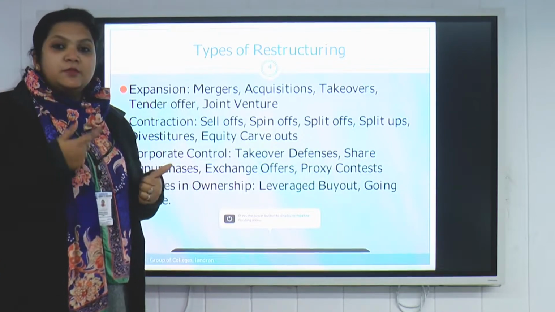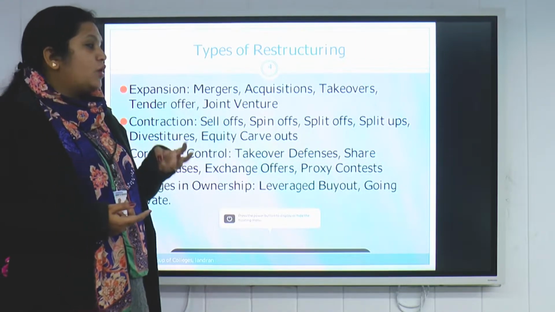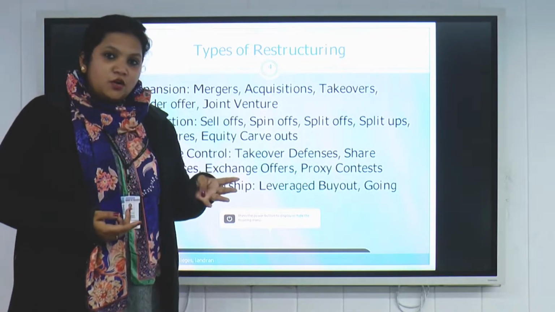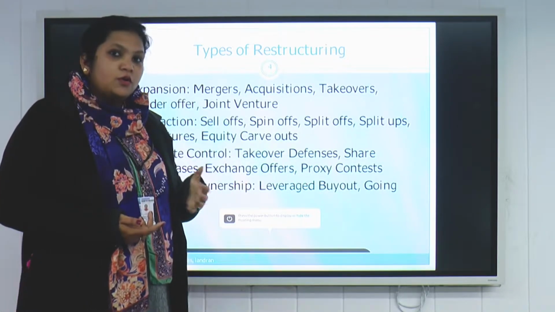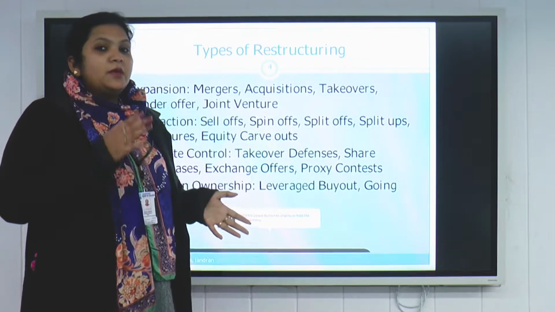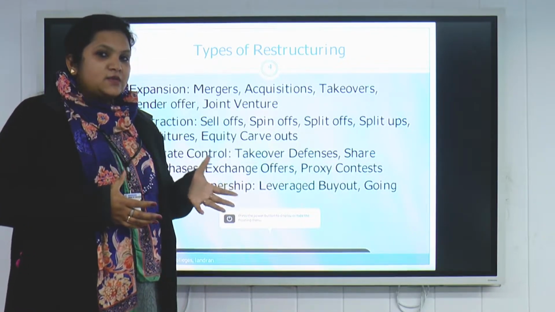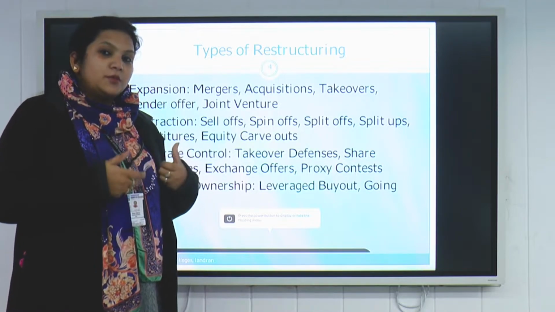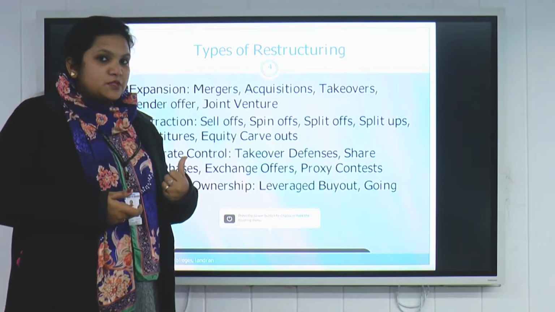Then it is either a merger, acquisition, takeover, tender offer or a joint venture. We're going to talk about mergers and acquisitions today, but you should know the basic terminologies behind them.